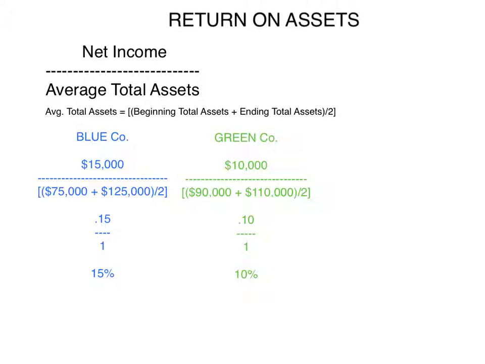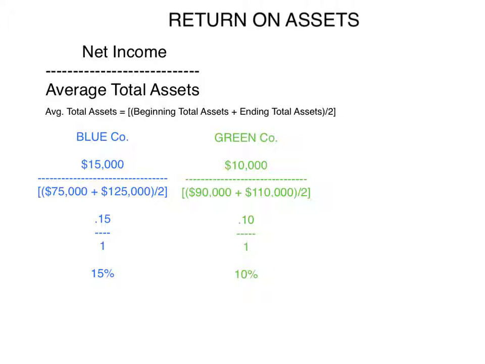Going to the balance sheet to calculate the average total assets, what if we found that Green Company had $90,000 of assets at the beginning of the year, and they had $110,000 of assets at the end of the year? We add that together and divide it by 2, and we find that Green Company also had $100,000 of average total assets.